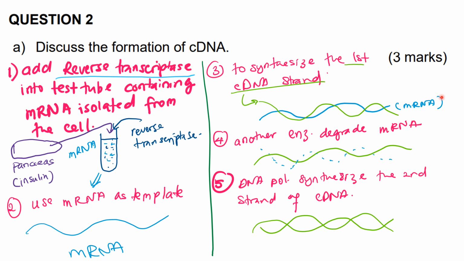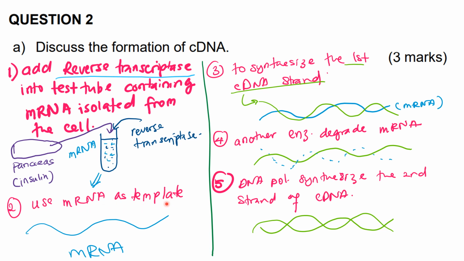So for the first answer, which is for the first mark, add reverse transcriptase into a test tube containing mRNA isolated from cell. Once you have added the enzyme reverse transcriptase into the test tube containing mRNA, the function of the reverse transcriptase is to use mRNA as template.